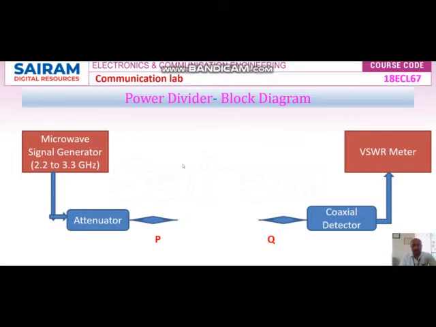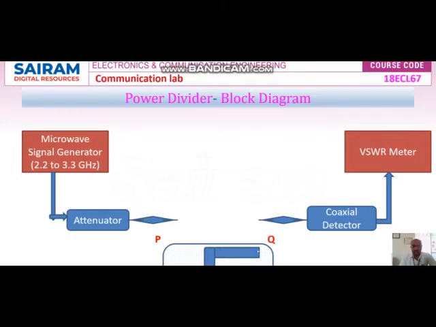So dear students, in the power divider we are going to find the power division between the ports. As you know, I will show you here. Look here, this is the power divider. So it is a 3-port device. This is port 1, this is port 2, another is port 3. Out of these ports, first we have to find out the input power for the various frequencies.